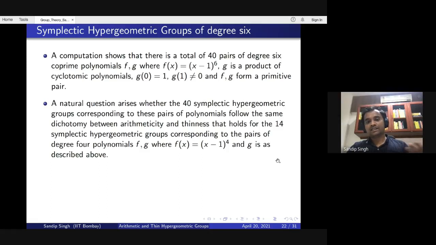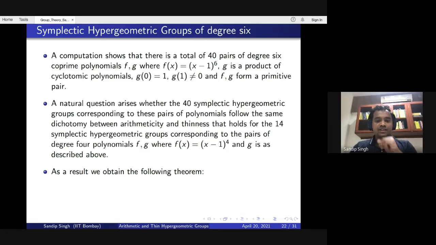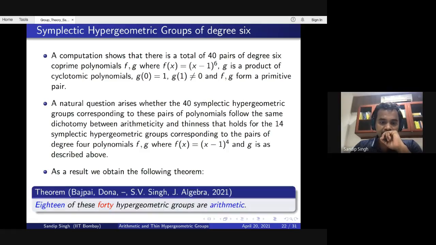At least we will come to know that if they follow a similar pattern, half of them are arithmetic and the other half are thin. As a result, we obtain the following theorem. This is very recent, where we proved that 18 of these 40 hypergeometric groups are arithmetic.